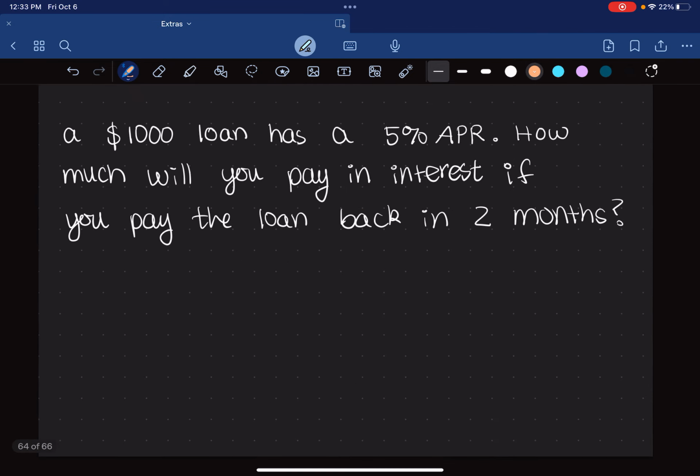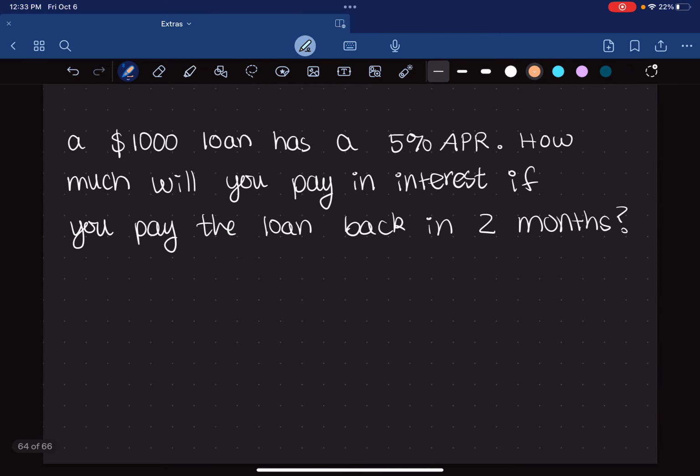All right, now we have a $1,000 loan, has a 5% annual percentage rate, that's APR. How much will you pay in interest if you pay the loan back in 2 months? So first we have to deal with converting this 5% APR, which is annual, so that's yearly, into how much would our interest rate be if we paid it back in 2 months.